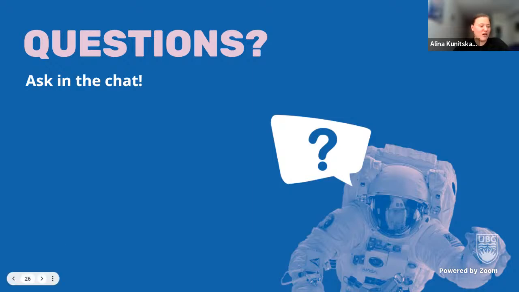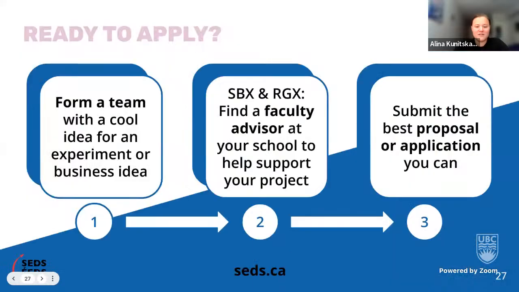So I think those are all the questions we have for today. So just a couple of last slides to finish things off. So if you're ready to apply, you should form a team with an idea for an experiment or a business idea if you're applying for YSpacE. For SBX and RGX, you'll need to find a faculty advisor at your school to help support your project.